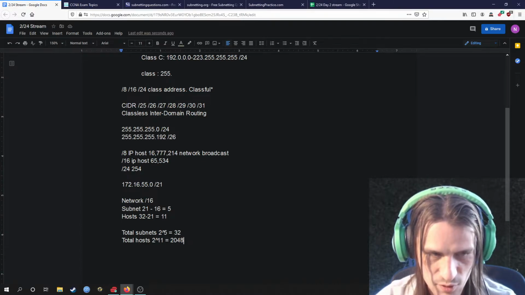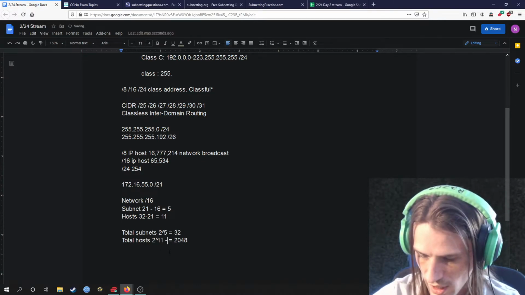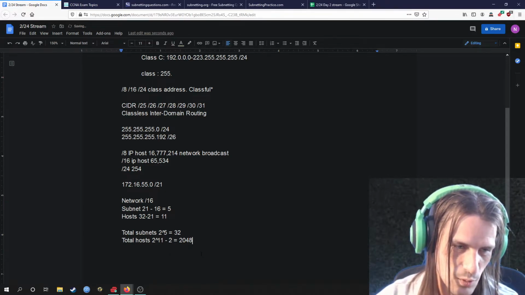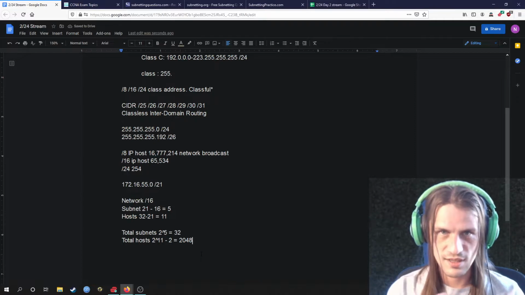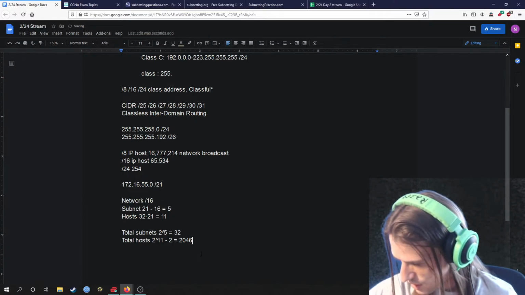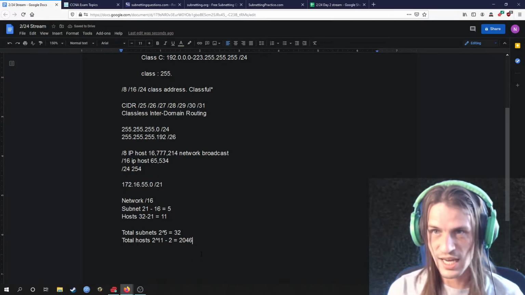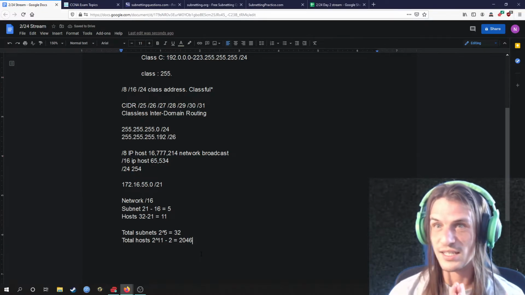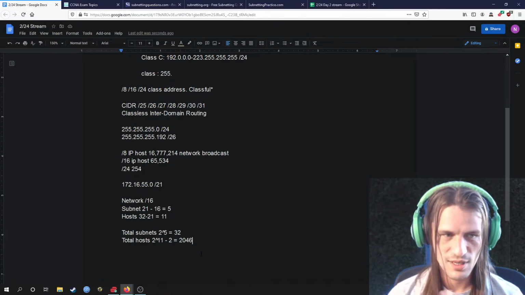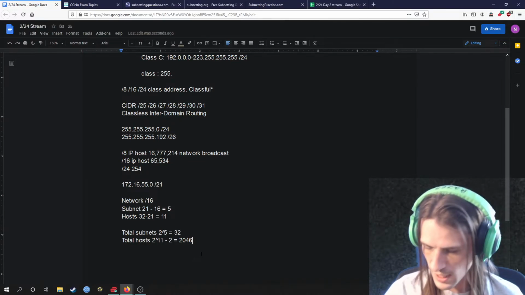But again, we have to remember that the first and last of each one is going to be the network and the broadcast. So this should actually be 2046 IP addresses that you can assign to hosts, because the network and broadcast can't be assigned to a host. So we have to take those out.